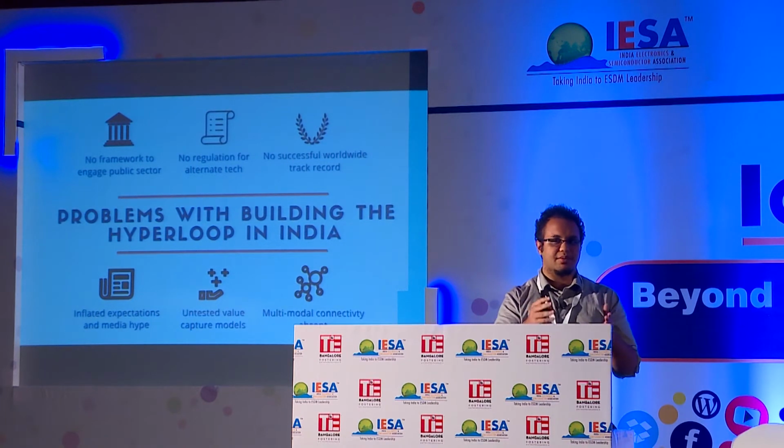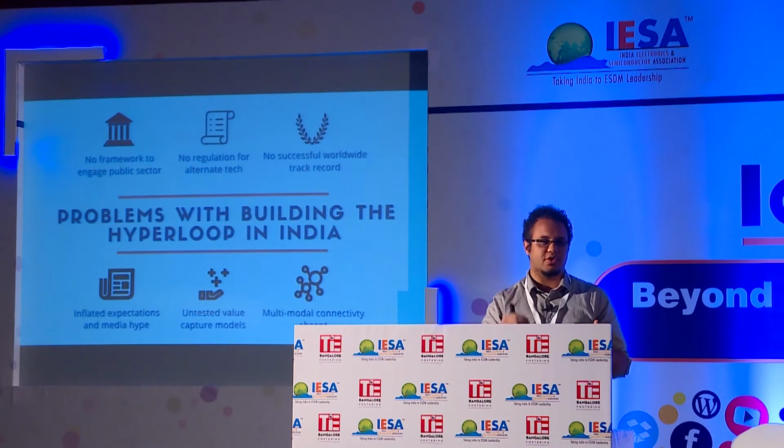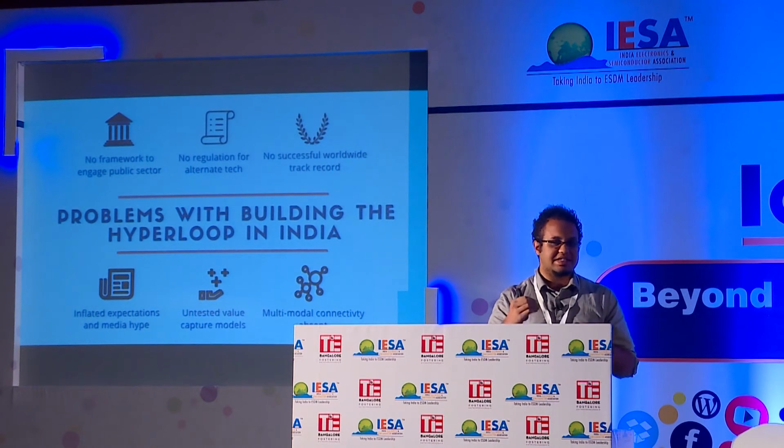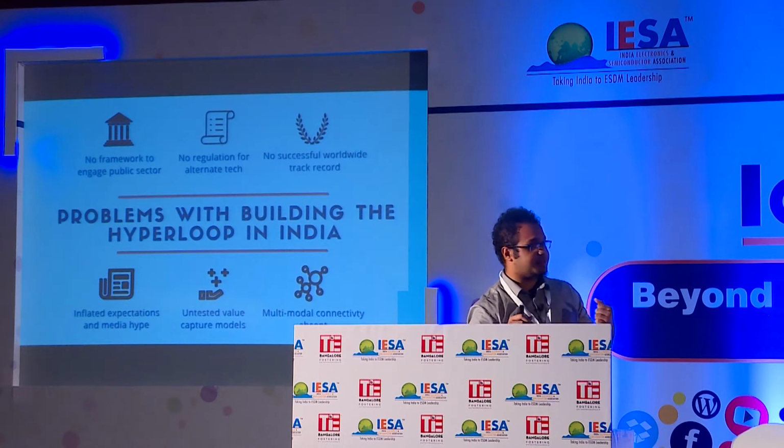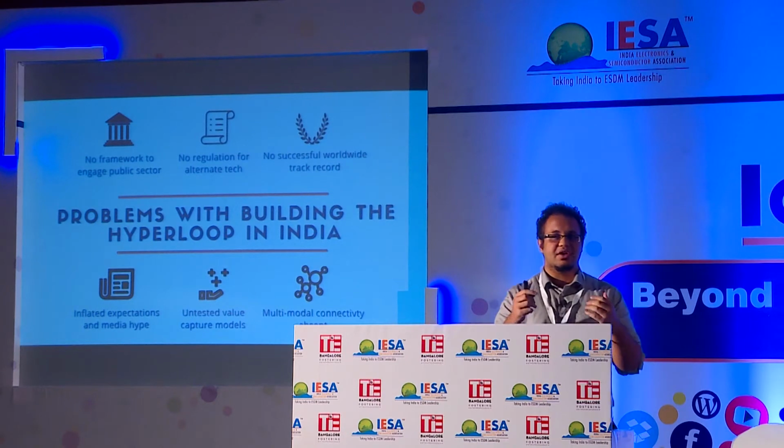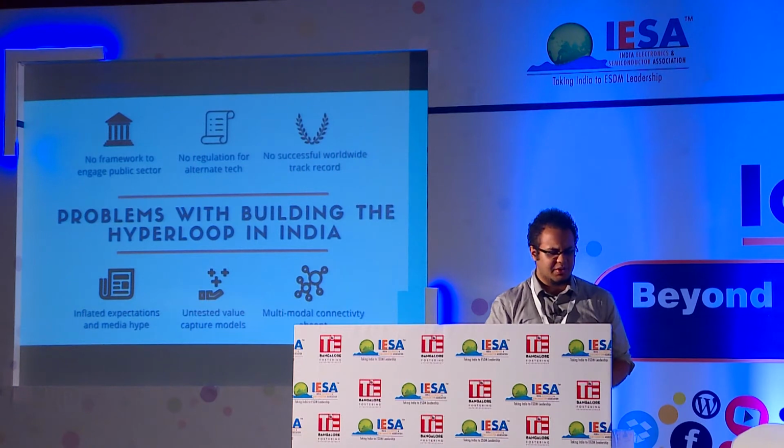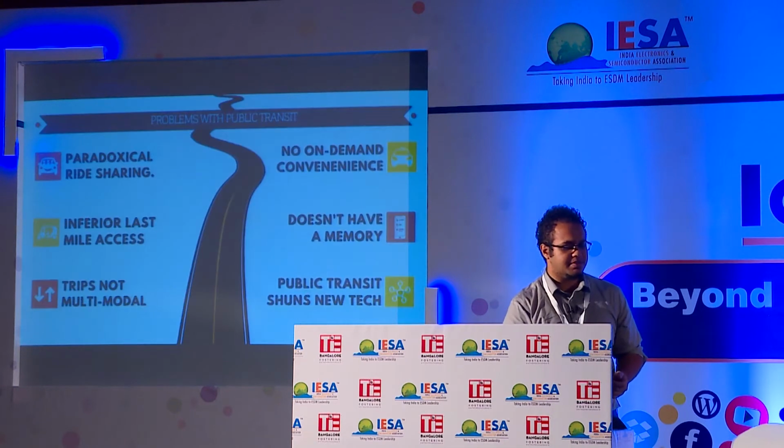We're trying to solve multimodal connectivity, where one can go from doorstep to doorstep as seamlessly as possible by switching between transit modes. And the reason this is part of this theme is because you're connecting different transit modes together, not different cars together. I'm quickly going to explore how we are trying to do this.